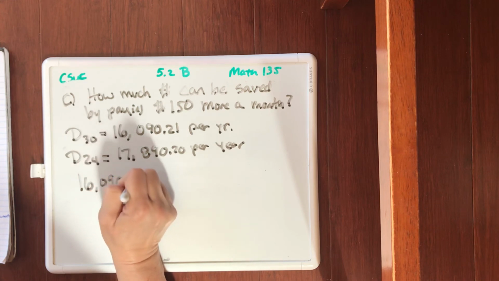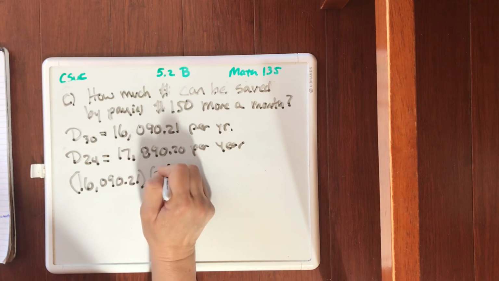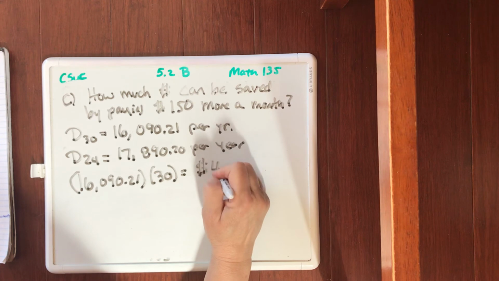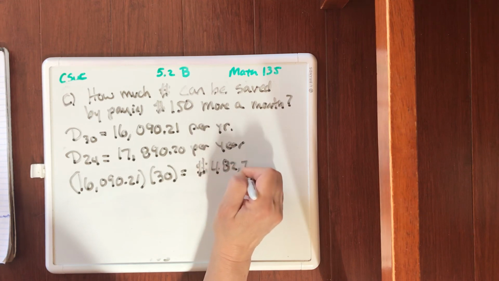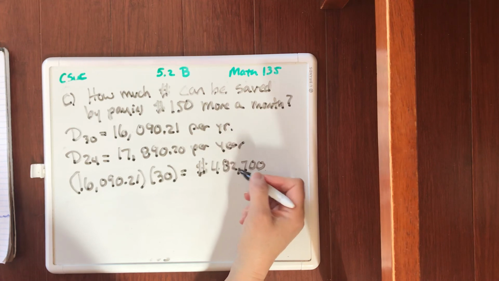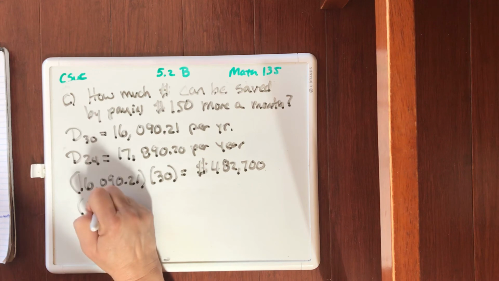What do you think we're going to do with it? That's right, we're going to multiply it by 30 years to see how much it costs total. That's $4,082,700, which is an awful lot. The house was $250,000. Banks make a lot of money on these loans.